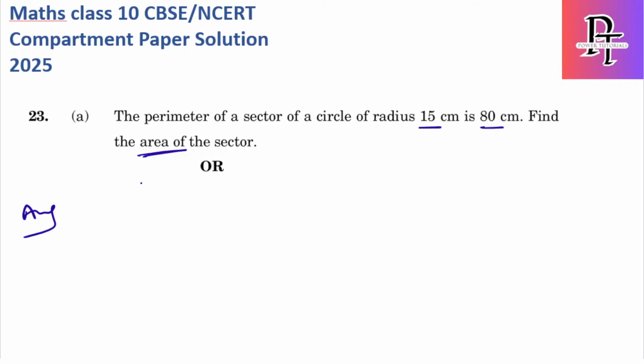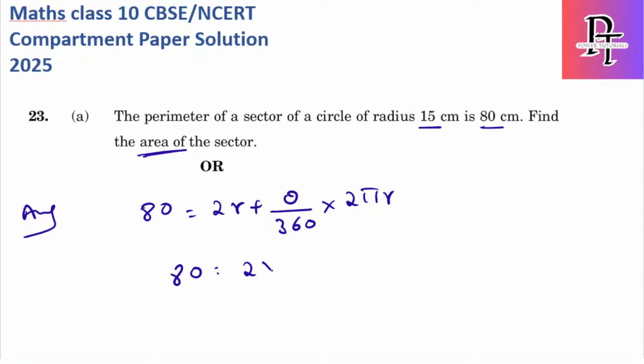So what is the perimeter of sector formula? Perimeter of sector formula is 2r plus theta by 360 into 2 pi r. So this value they have mentioned as 80 and the radius I have mentioned as 15. So 80 is equal to 2 into 15 plus theta by 360, I'll keep pi also here, let's keep this value aside, into 2r. The r value is 15.